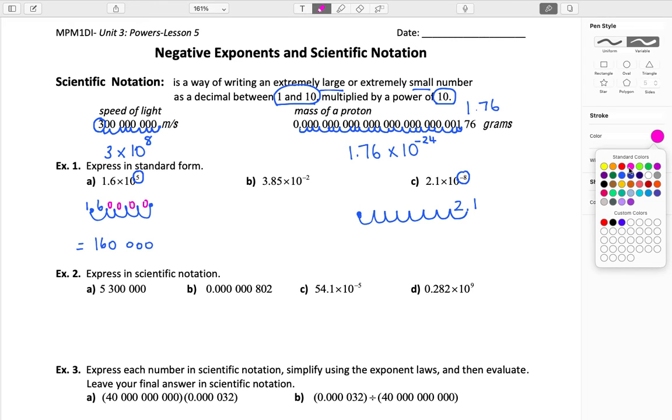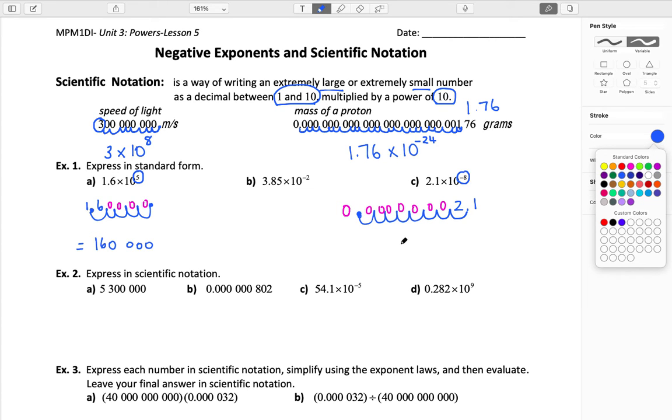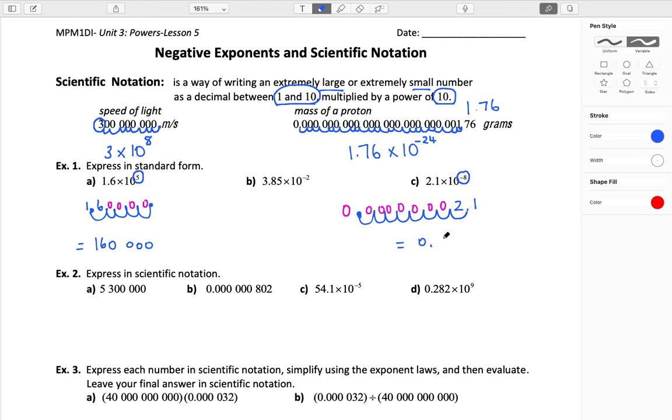Now I'm going to fill in the 0s in the empty spaces, and you need to have a 0 right in front of the decimal. So my final answer will be 0.000000021. That's how the standard form of a number looks.